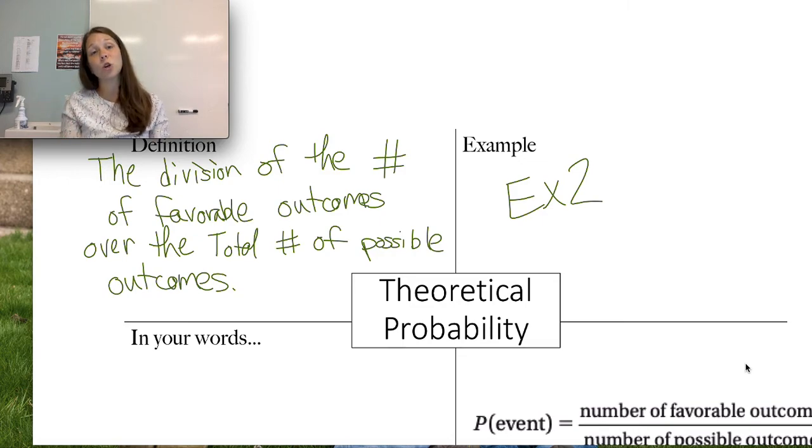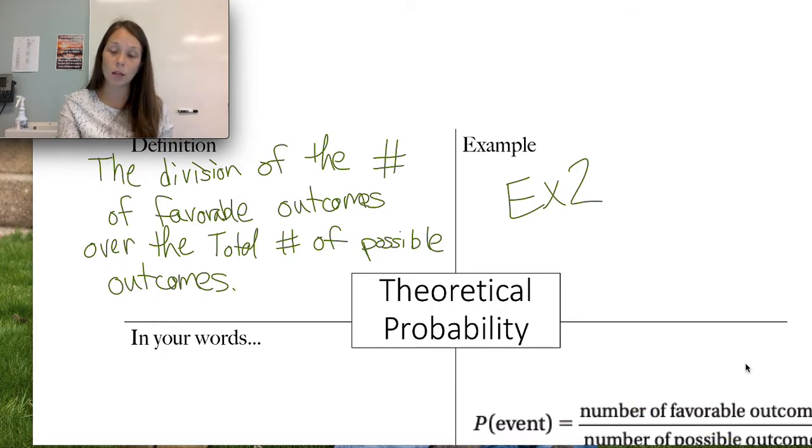So 1 out of 2 is the probability of flipping heads, theoretically. In reality, are we always going to have 50% of the times we flip the coin we get heads and the other 50% we get tails? No. And so when you look at our experimental results of flipping a coin, you'll notice that it's likely not 50% that we get heads and 50% that we get tails. But in theory, that's what it should be.